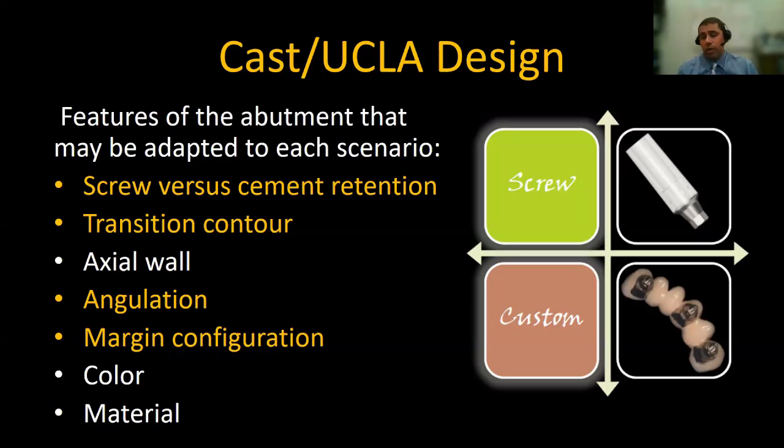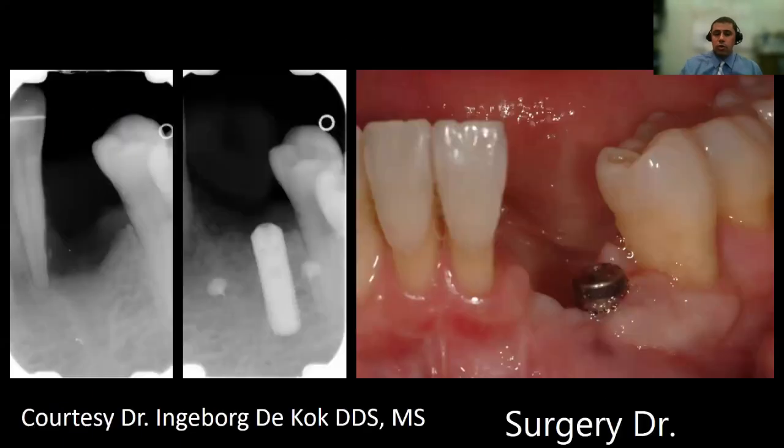However, we now utilize more CAD/CAM technology by milling the whole abutment with the connection that goes inside the implant. But again, these can be utilized for screw retained restoration, cement retained restoration. You can have a control about the transition contour through the design and the manufacturing of the abutment, the angulation, and even the margin configuration.